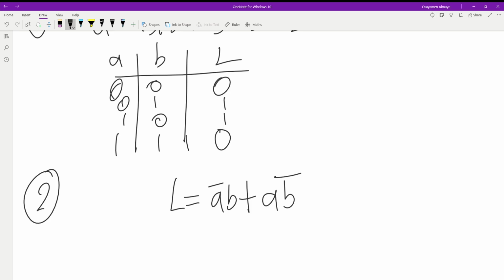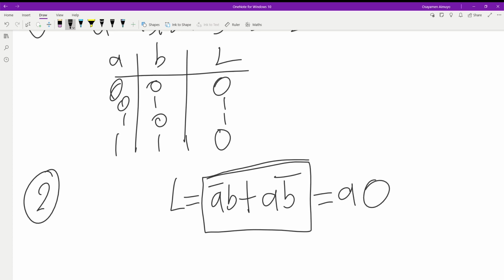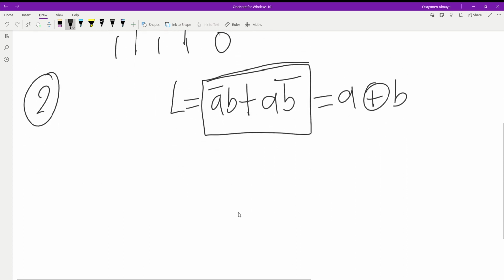Now, I would say not to memorize necessarily, but just remember this setup. Whenever you have this setup for any two literals, it's basically A XOR B. That's all there is to it. It's just A XOR B.